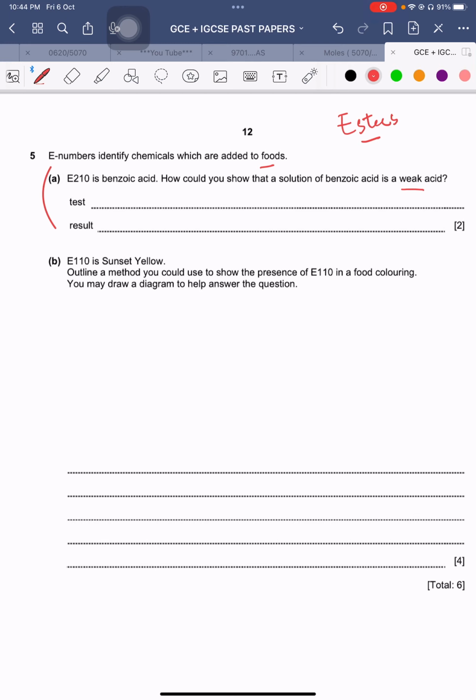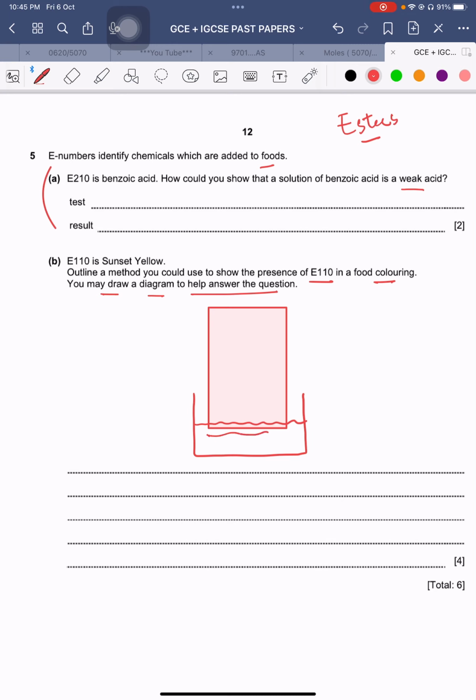Okay, outline a method you could use to show the presence of E110 in a food coloring. You may draw a diagram to help your answer. So here you people should know that the examiner is expecting you to draw the diagram of paper chromatography.